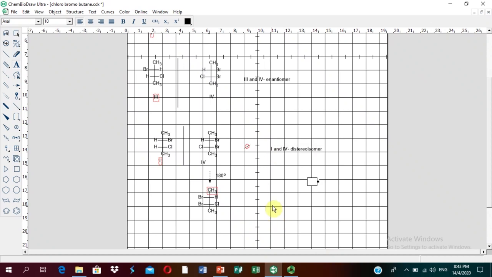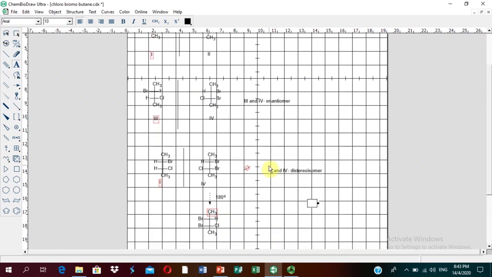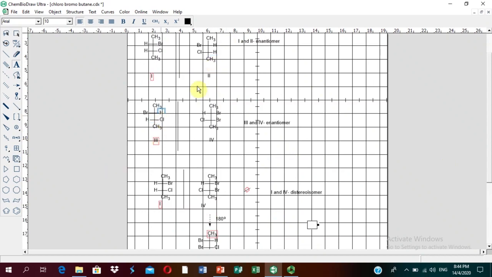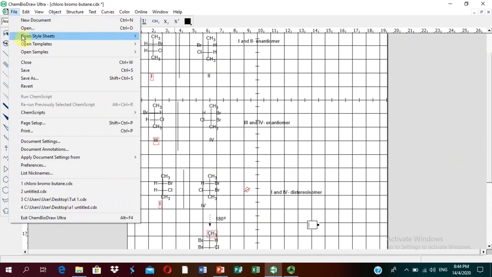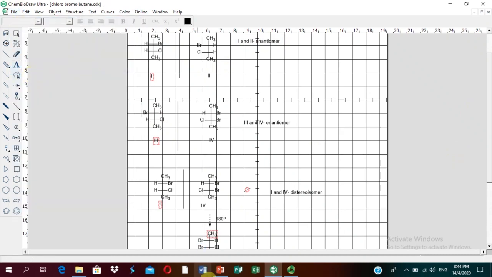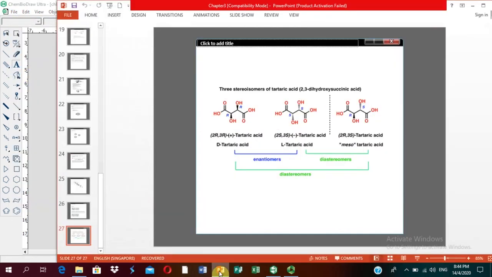Okay, class, are you clear? Same goes if you compare number 2 and number 3, a pair of diastereomer. Okay, I hope you can understand this one.